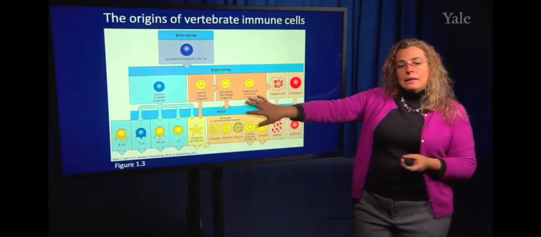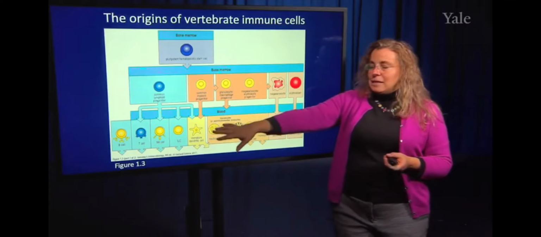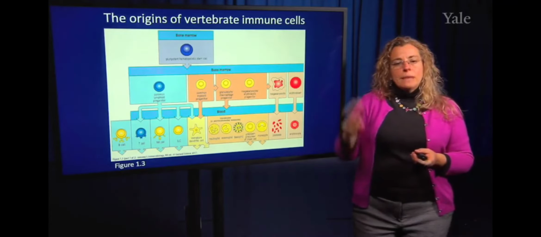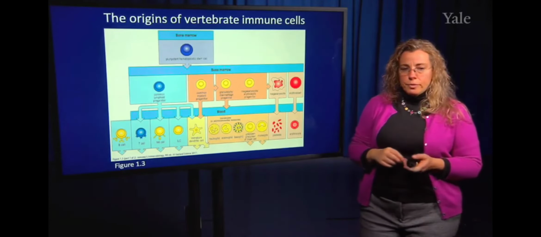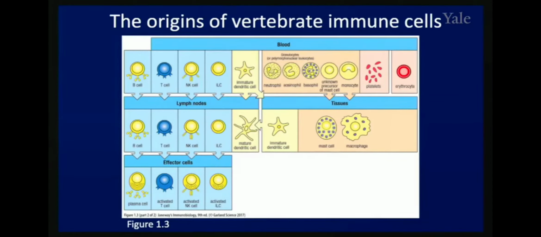Most of the myeloid cells are part of your innate response, and the B and the T cells are the main players in your adaptive immune response. And you can see once they leave the bone marrow, they can go to the blood, the lymph nodes, tissues, and then you also have things called effector cells, which you'll learn about in coming lectures.